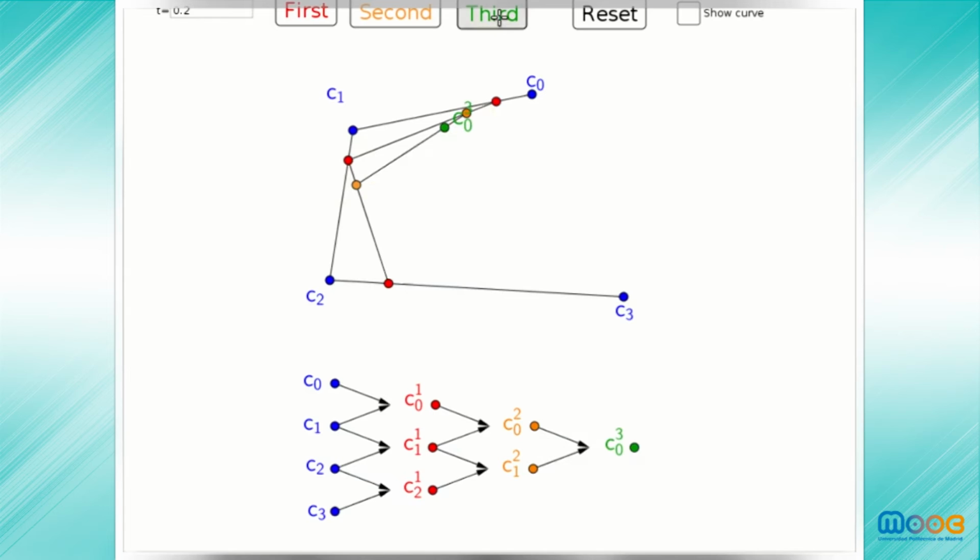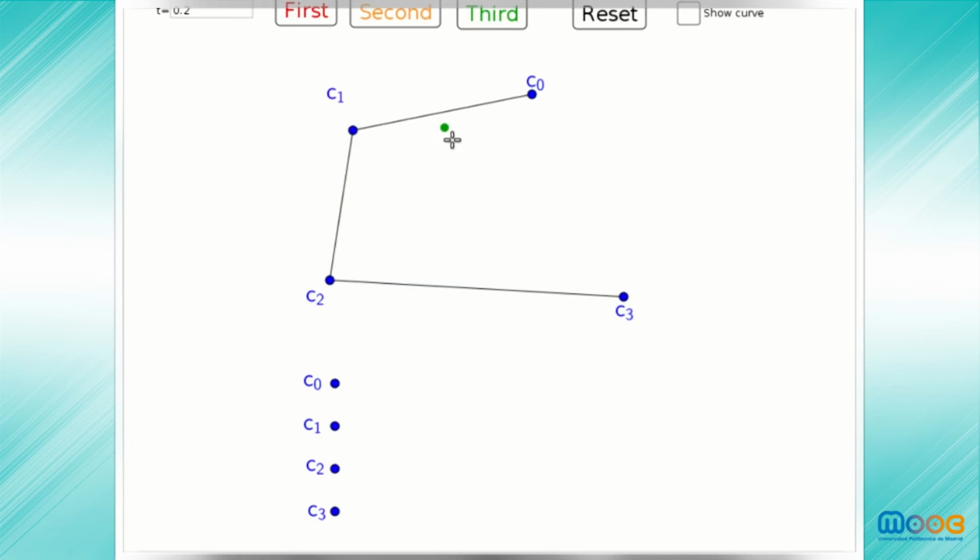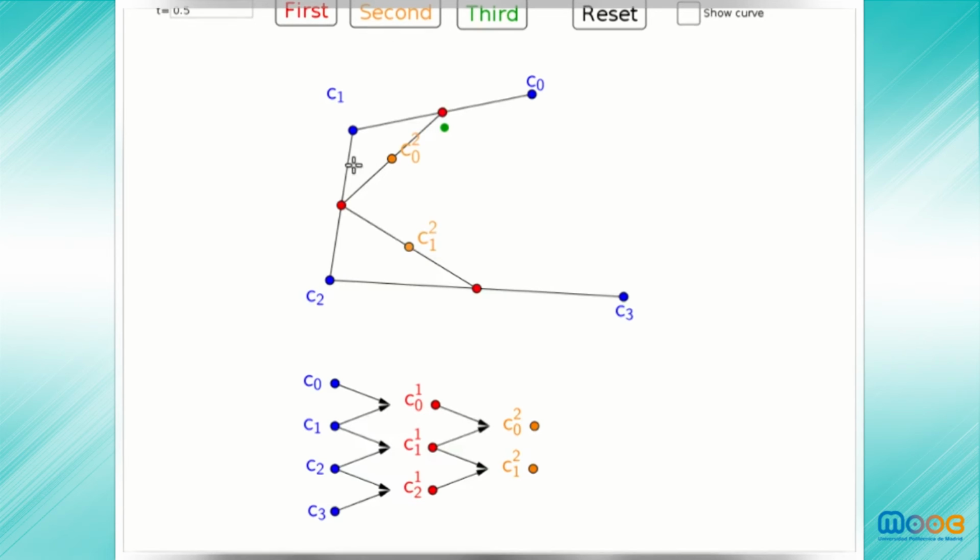And on the third stage of the Casteljau algorithm, we get the last point on the segment with endpoints the yellow points, with proportion t, 1 minus t. So this green point here, calculated by the Casteljau algorithm, is a point on the curve. If we change t to, say, 0.5, in the first stage we get the middle points of the segments, in the second stage the middle points of the new segments, and on the third stage the middle point of the last segment.